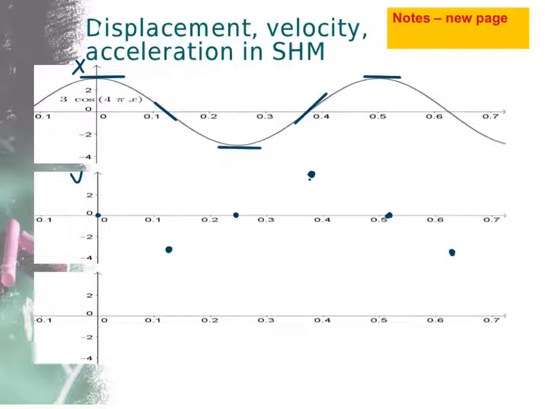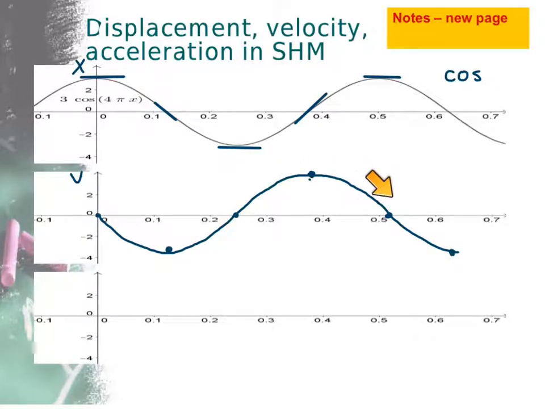It's some sort of sine or cosine. So let's connect those dots, and it turns out that the velocity looks like it is taking on the shape of a sine curve, but that sine curve is actually upside down. So it's actually negative sine.